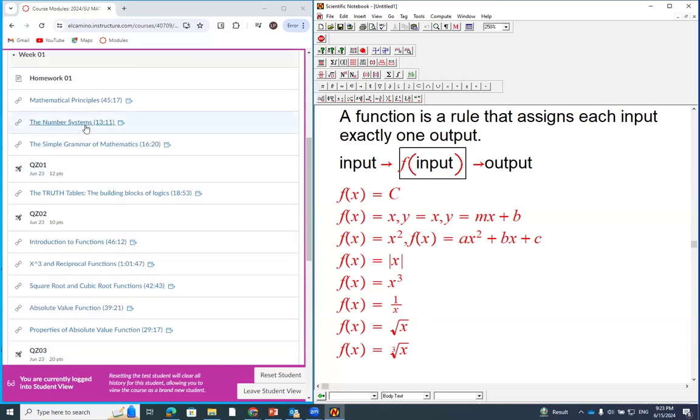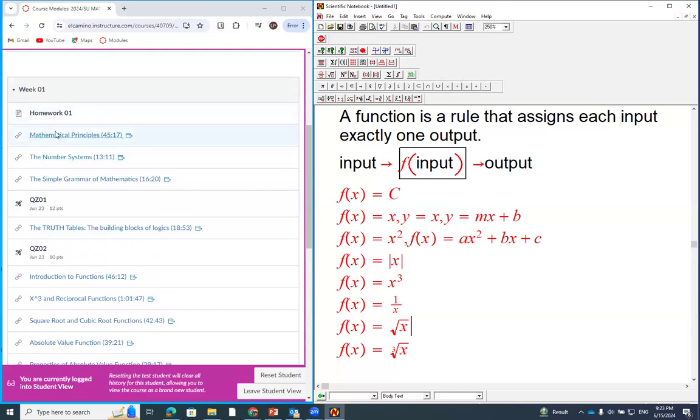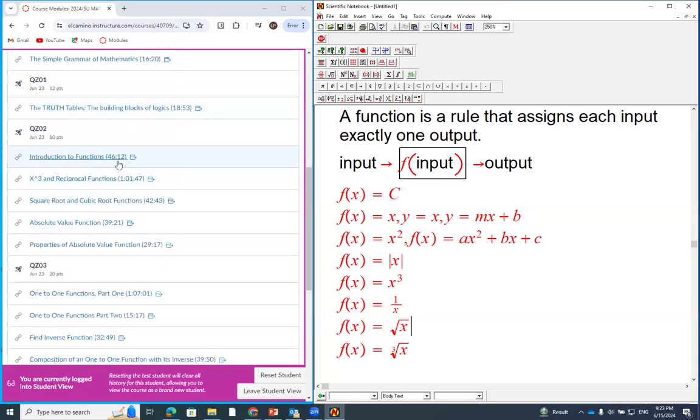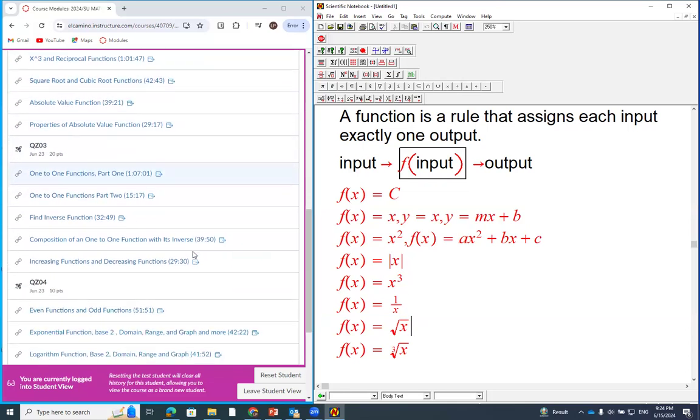So you can see in the first week, we study basic mathematical principles. They are very important, like truth tables. Then we go on to study these basic functions: the absolute value function, square root function, cubic root, x to the power 3, reciprocal functions, and so on. After that, we introduce important concepts such as one-to-one.